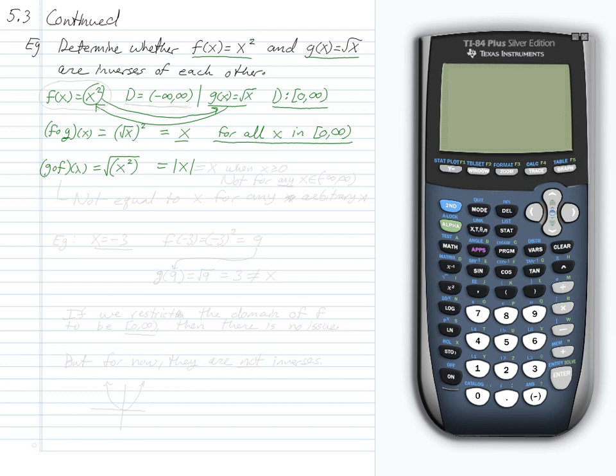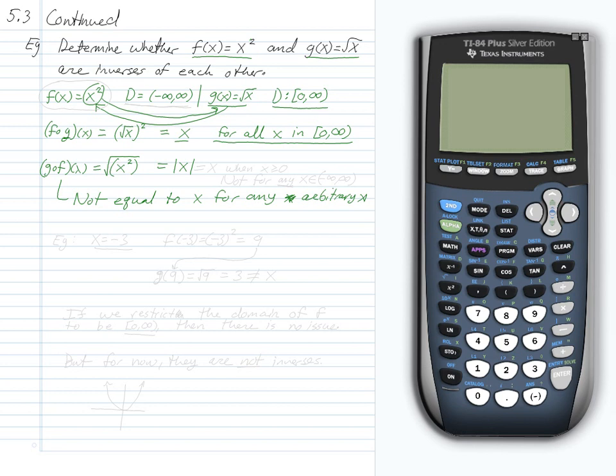So this is not generally equal to x. In other words, it's not equal to x for any arbitrary x we might plug in. It's true for a lot of x values.